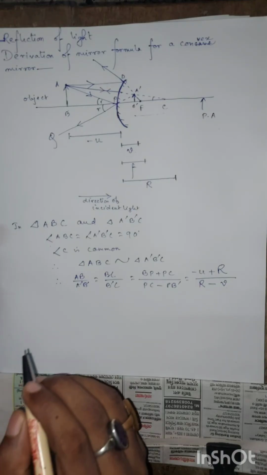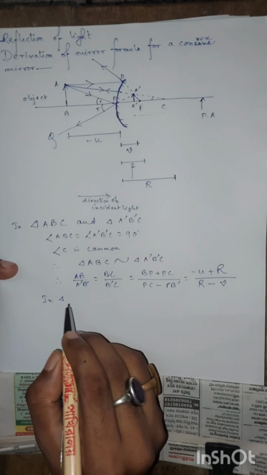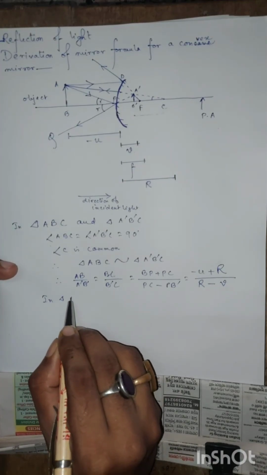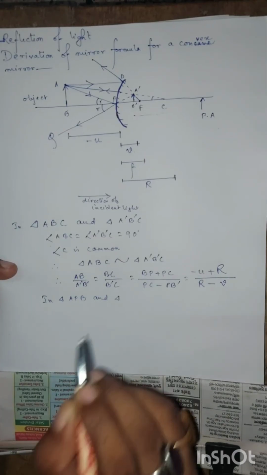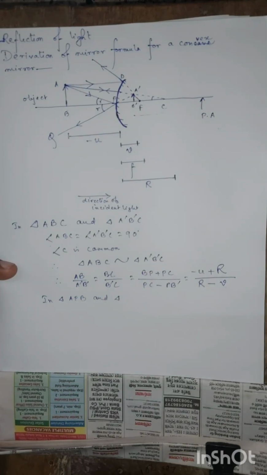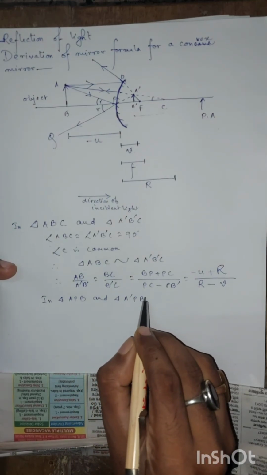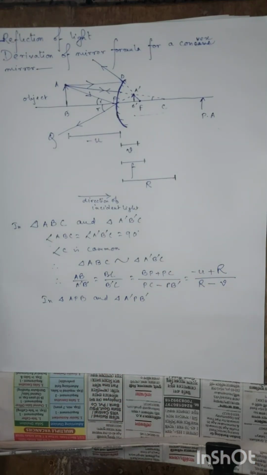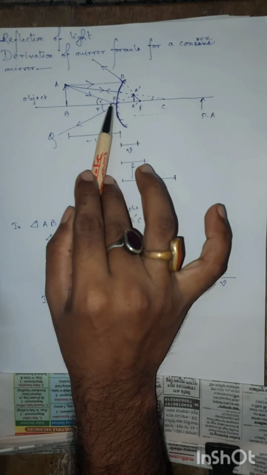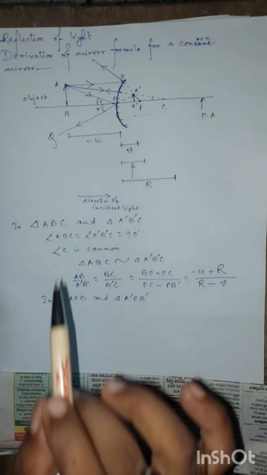Now in triangle APB and triangle A dashed PB dashed, this is our APB and this is our A dashed PB dashed.